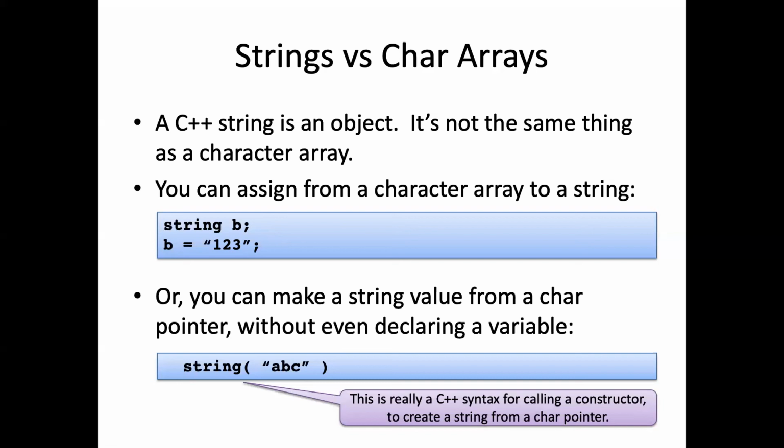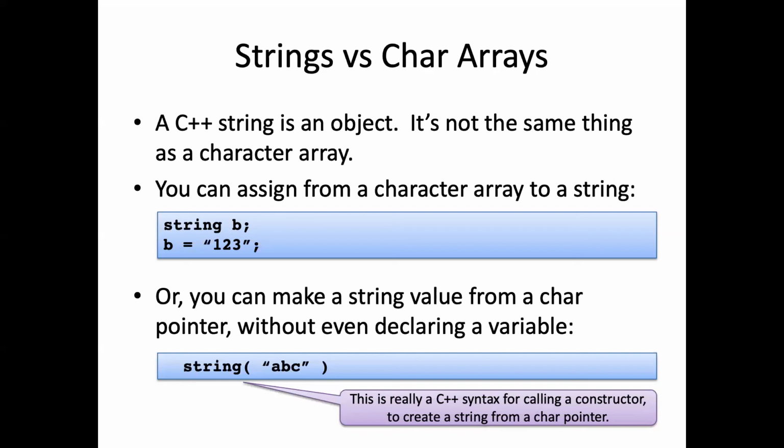It takes a copy of the string that char pointer points to, and it copies it into the destination. So here, whatever was in B is going to get replaced with a copy of the 1, 2, 3. And if that means B's memory has to get enlarged to hold that, the string will take care of it. Its overloaded operator is smart enough to do that.